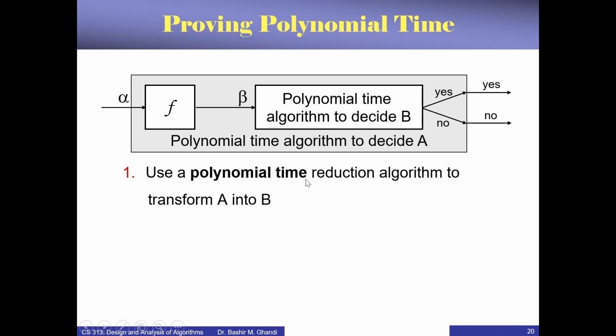We use a polynomial time reduction algorithm to transform A to B. So you take your problem A and transform it to that algorithm that you say has polynomial time. But your conversion algorithm has to be polynomial too. This is step number one.